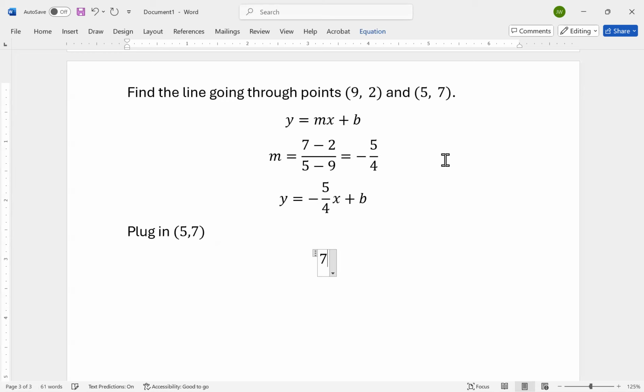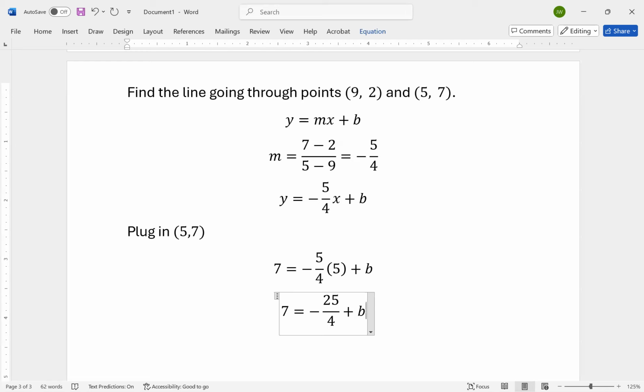We would get 7 is equal to -5/4 multiplied by 5 and then plus b. -5/4 times 5 is -25/4. Therefore, I get 7 is equal to -25/4 plus b. And then I'd have to add 25/4 to both sides.